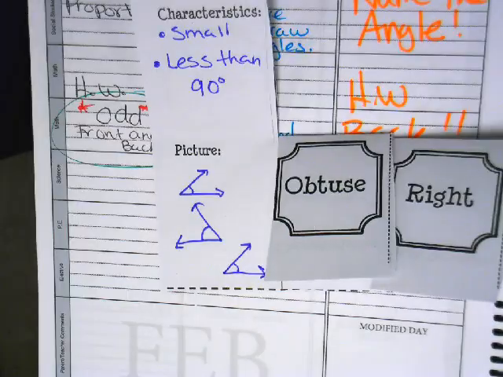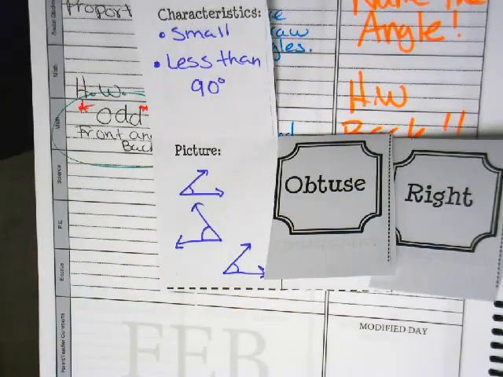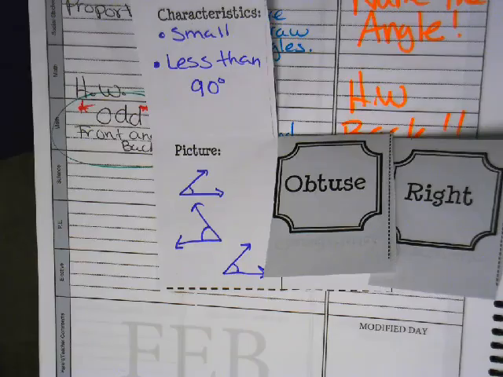So, key to remember, they're small and less than 90 degrees. So draw these examples. That's an acute. Think about it, it's small, it's so cute. Like a baby, when you look at a baby, you're like, oh, it's so cute. And then they grow up and you're like, no more.